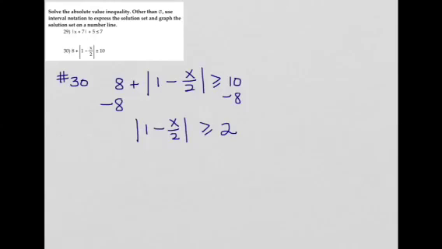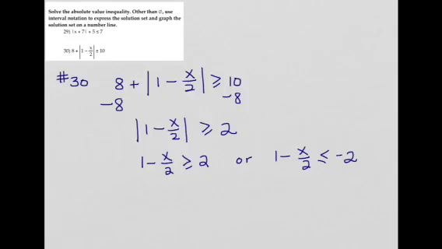So that means that the quantity inside the absolute value bars must be either greater than or equal to 2, or it could be less than or equal to negative 2.